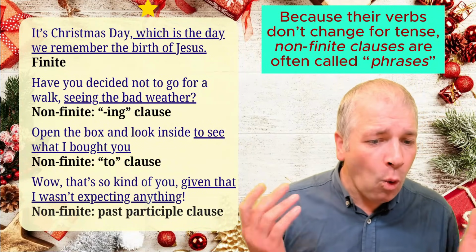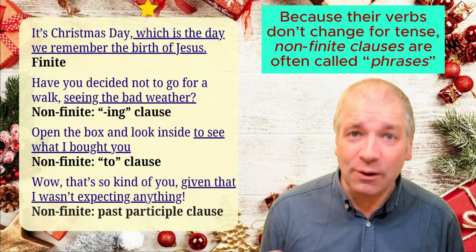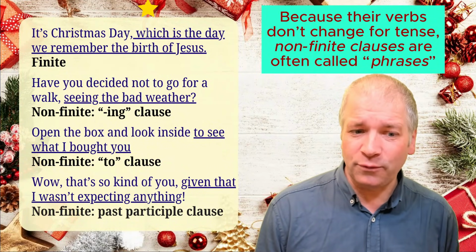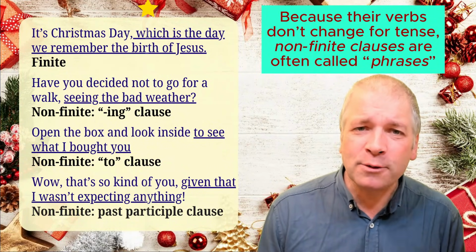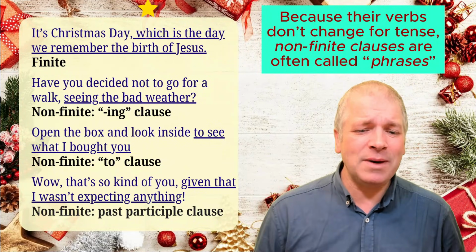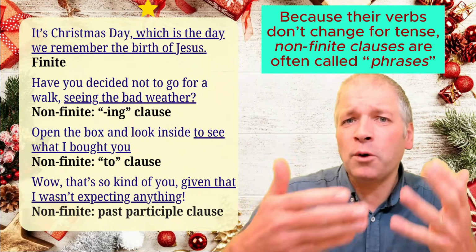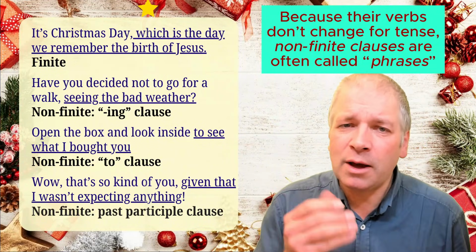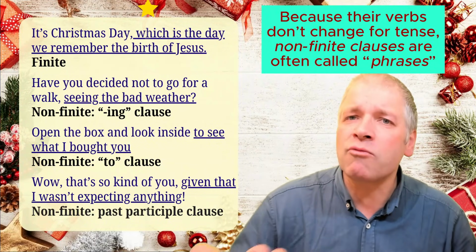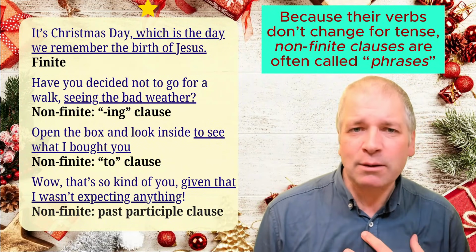And then this one: wow, that's so kind of you, given that I wasn't expecting anything. So this is a non-finite clause, but it's a past participle clause. Given that really means this was the reason that I thought about what came next. This is the conclusion I reached. That's so kind of you.